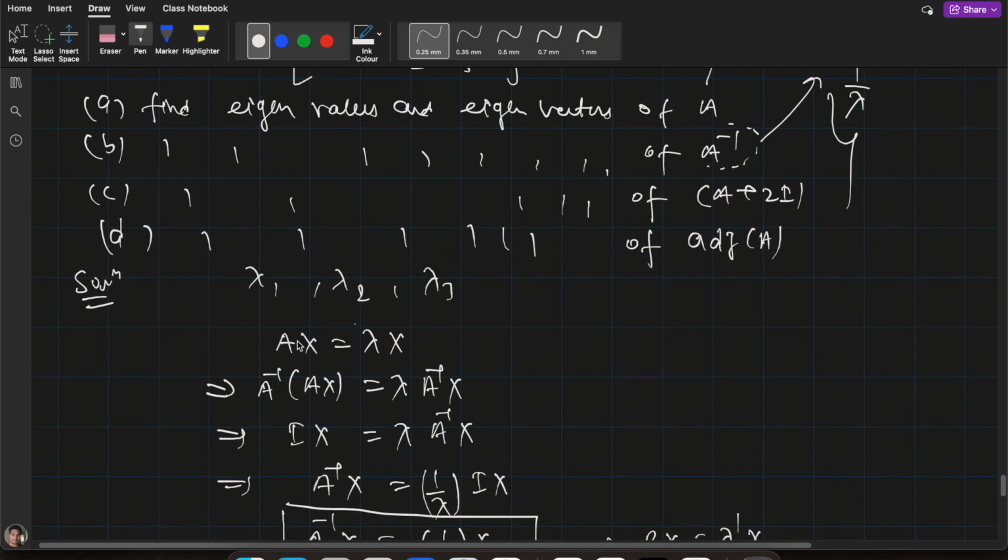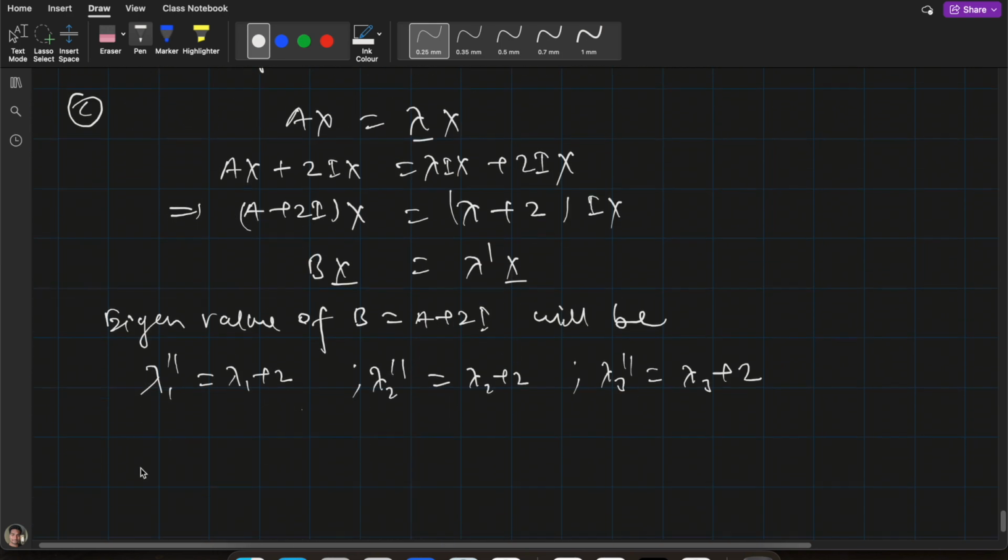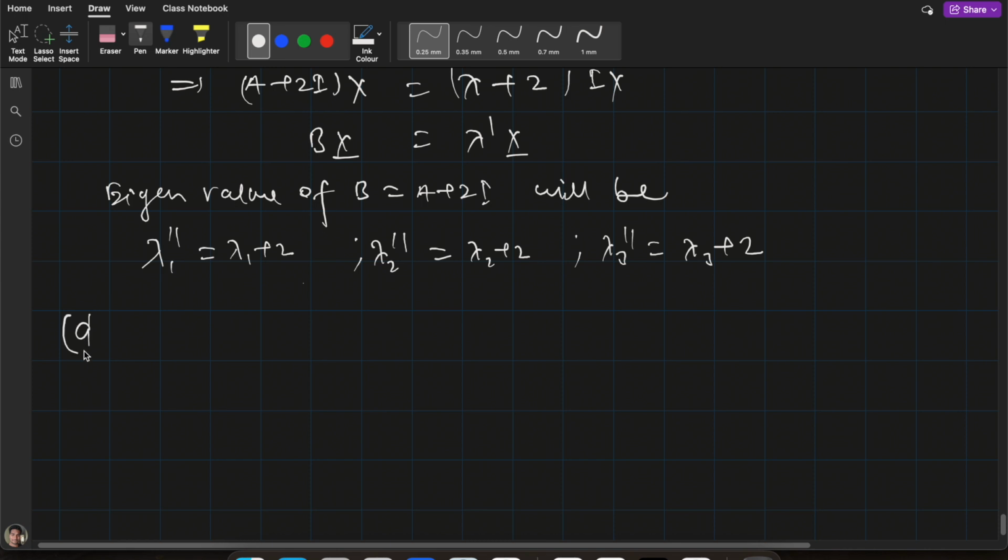Now the fourth question is, what is the eigenvalue and eigenvector of the adjoint of A? Think about it. Use this idea: A times adjoint of A equals what?